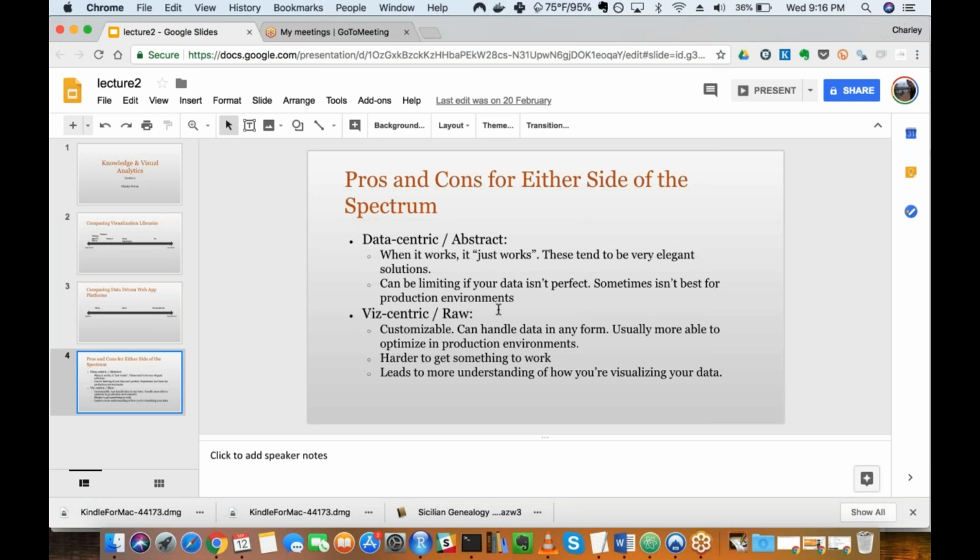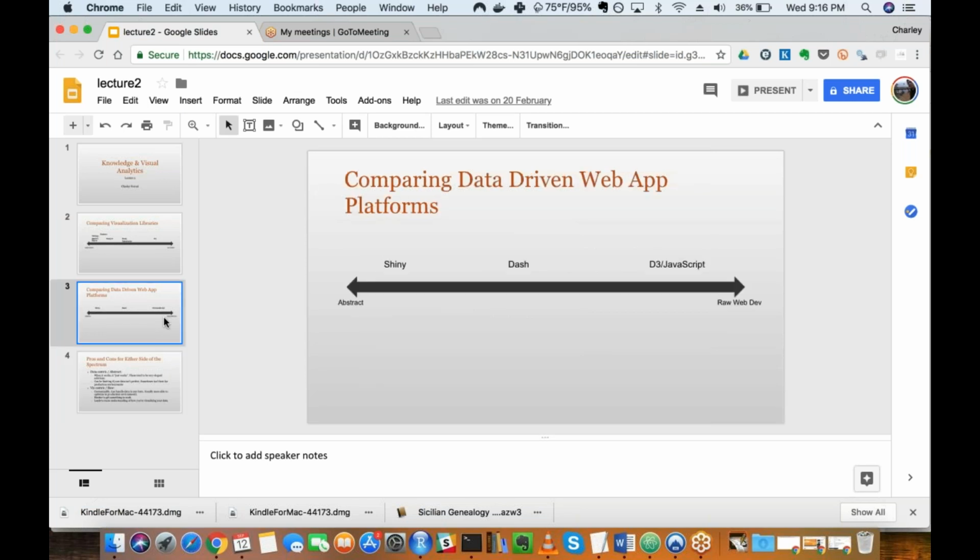For something like Shiny, there's an ease of use, but I've even noticed, comparing Shiny with Dash, that having access to more lower level things with Dash allows you to deal with problems that you aren't really able to solve using Shiny.